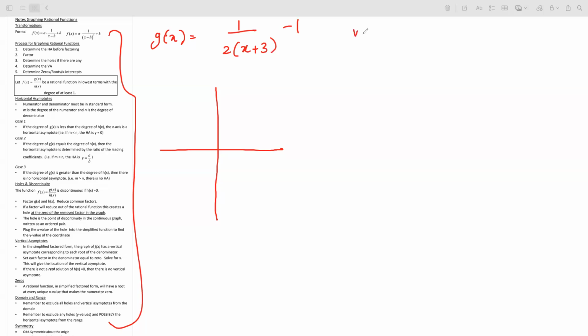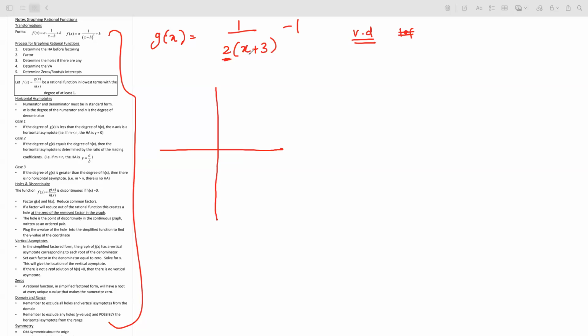What am I going to write here? The verbal description: how did it transform? My parent rational function first, I'm not going to write the translation. First I'm going to write the compression or stretch. What is that?